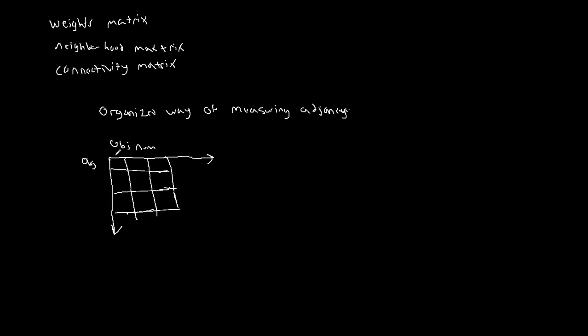And inside of this grid cell is a measure of whether or not the object is adjacent or not adjacent. So it gets a 1 if adjacent, and a 0 if not. Right, so it's a 1 or a 0. Now, the tricky part to these matrices is determining what do we actually call adjacency. How do we define adjacency?